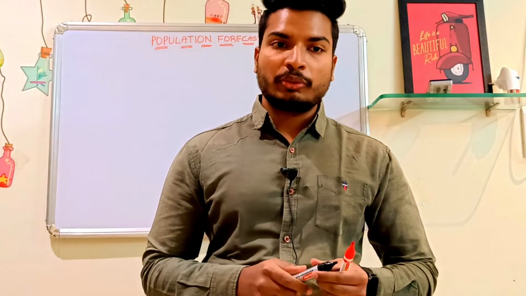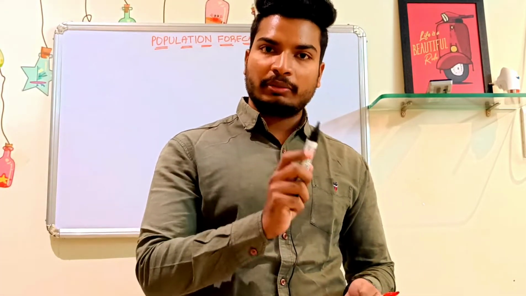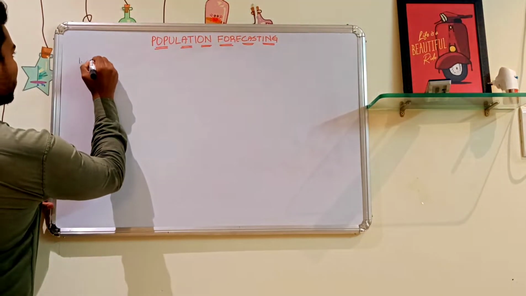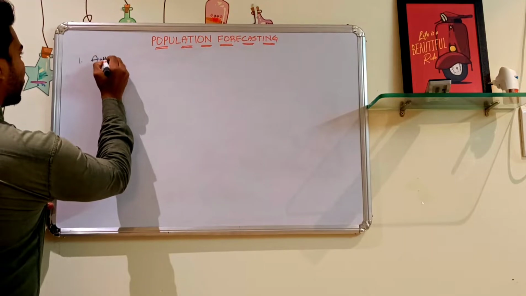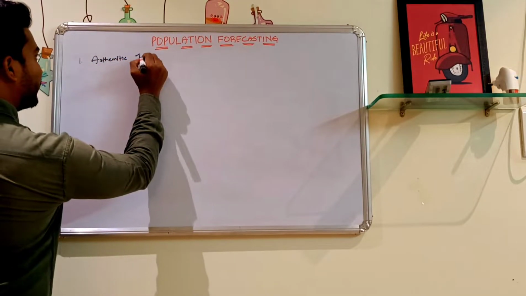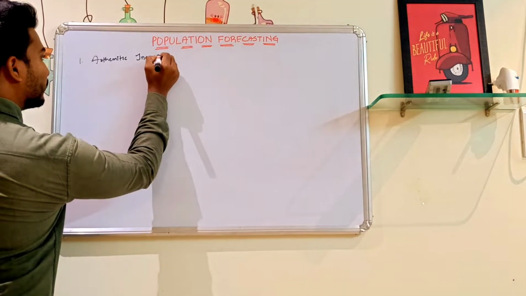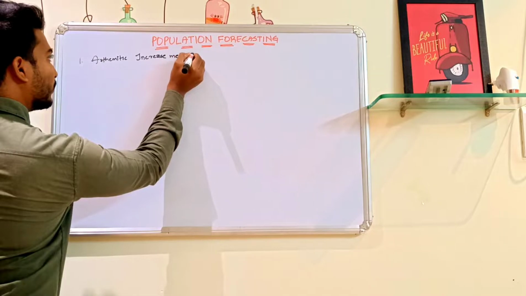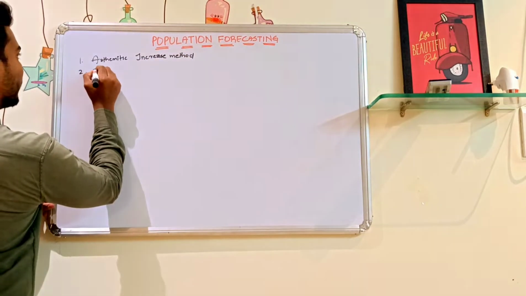There are majorly 4 methods in population forecasting that we'll be studying. The first one is the arithmetic increase method. The second one is the geometric increase method.